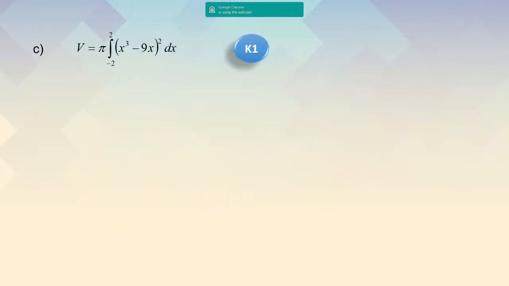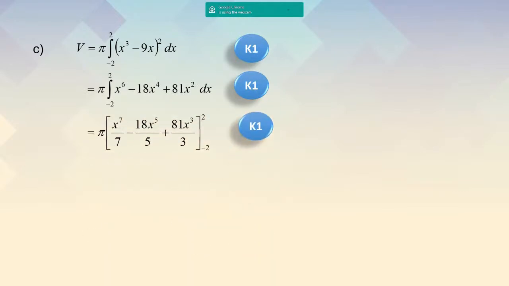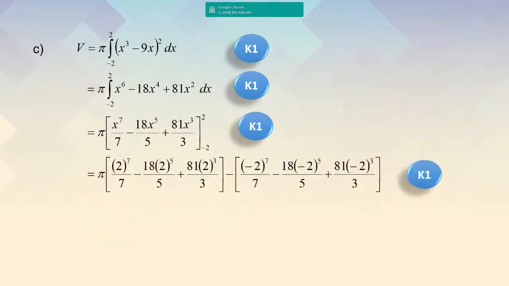Okay, last question. Volume. So volume, pi and then integrate from negative 2 to 2 of x cube minus 9x square. So we integrate directly from negative 2 to 2 because of the square, and then expand, integrate, substitute value, final answer.